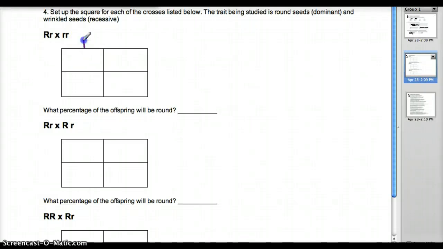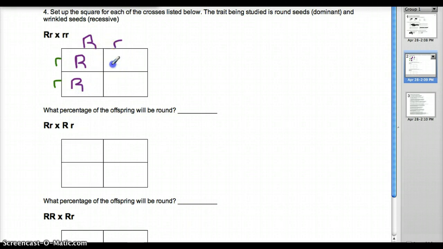We've got a heterozygous round, and I'm going to use a different color, and this is going to be a wrinkled, okay? And so what's going to happen is the big R is going to come down in all of these boxes.